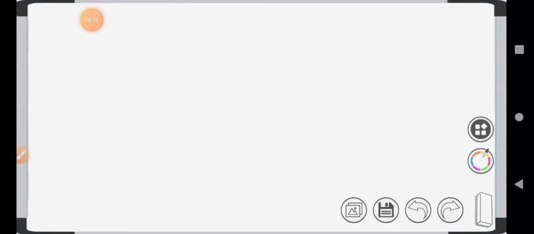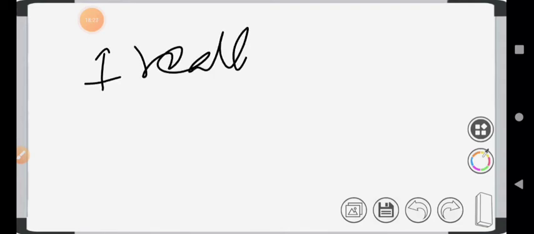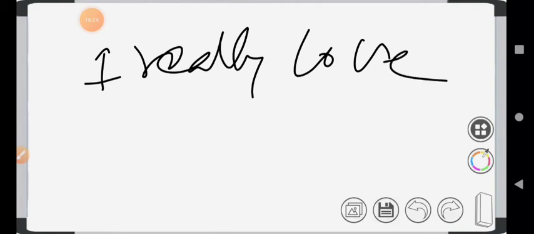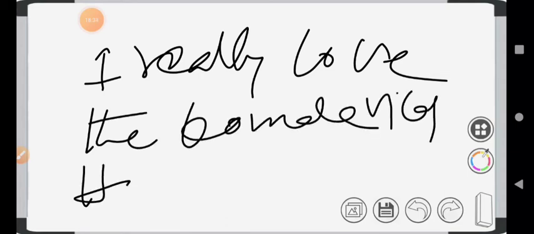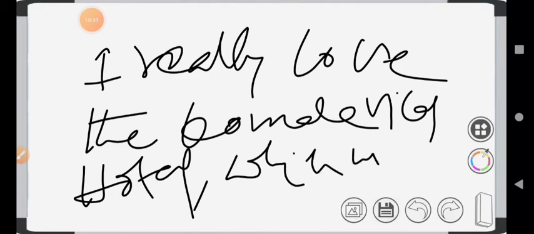That is more important. And, I really love the Komala Vilas Hotel, which we went to last night. For example, I really love the Komala Vilas Hotel, which we went to last night.